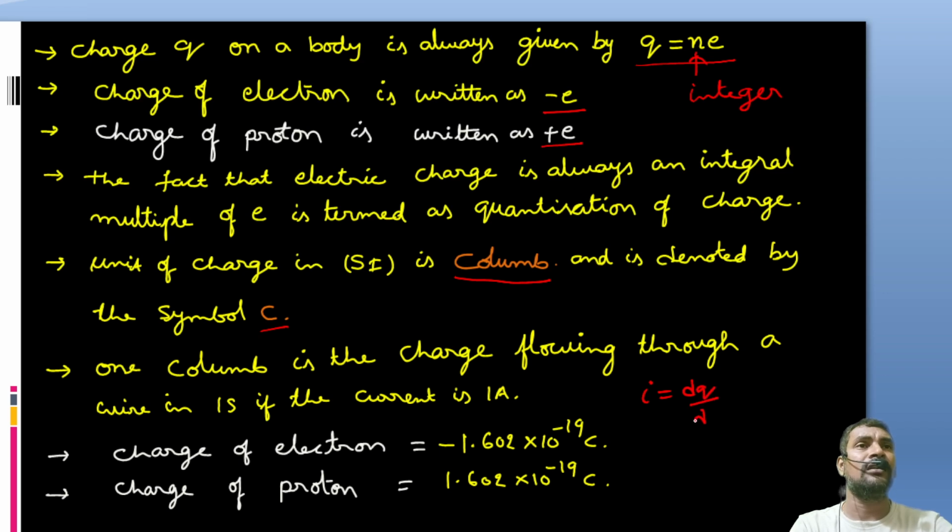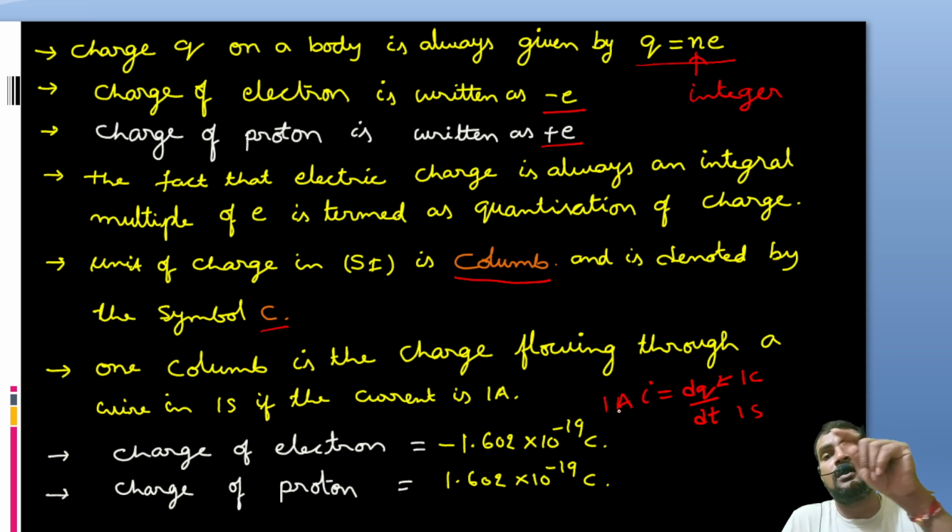So the current is the rate of flow of charge. If 1 coulomb of charge flows through a conductor in 1 second, then there will be a current of 1 ampere.